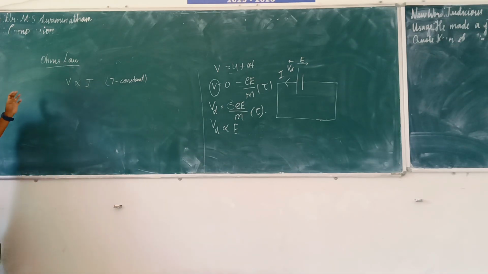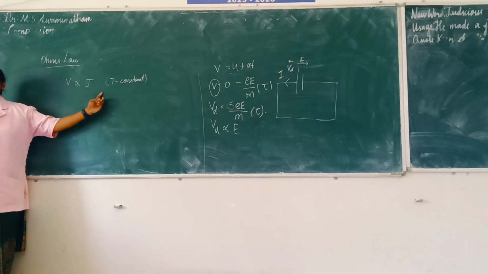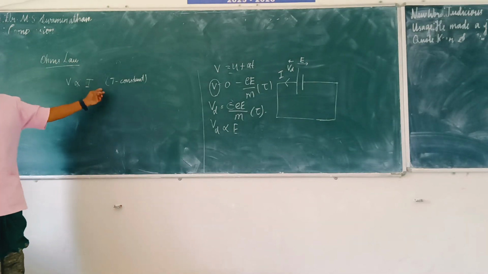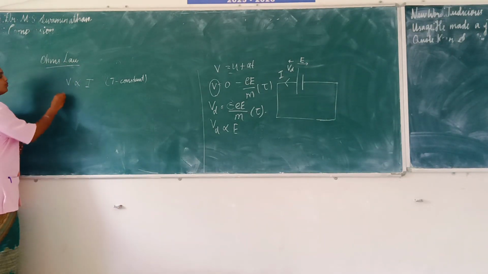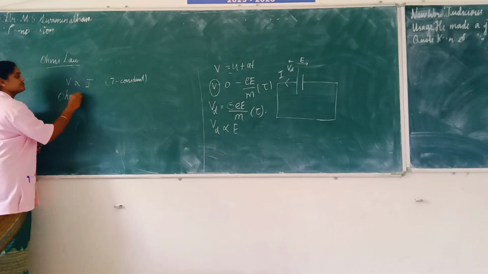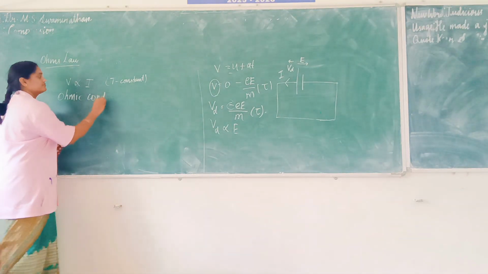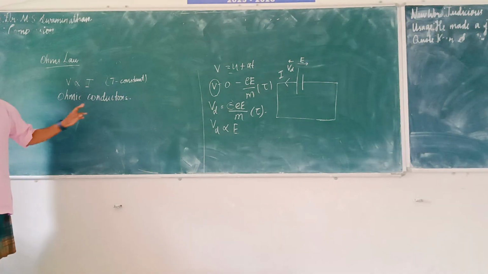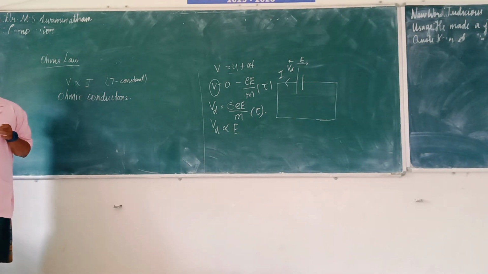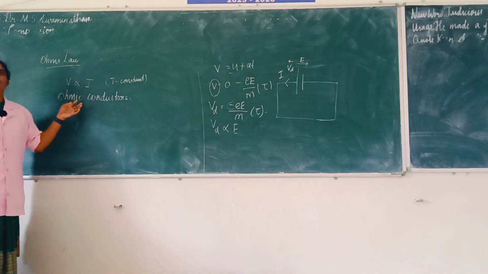Okay, fine, listen. So voltage is directly proportional to current when the temperature is maintained constant. This holds good for ohmic conductors. What is this ohmic conductors? Which obey Ohm's law. Yes, that obeys Ohm's law.